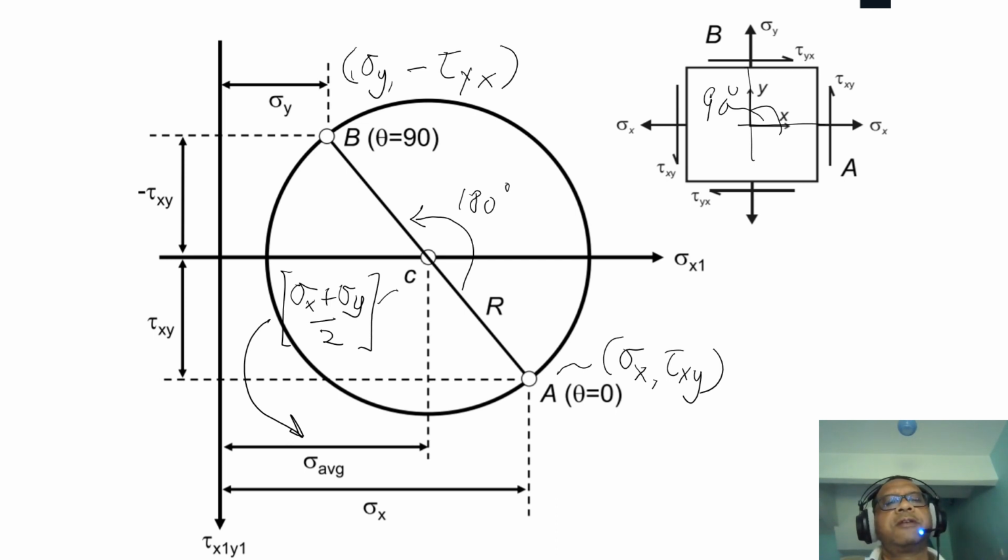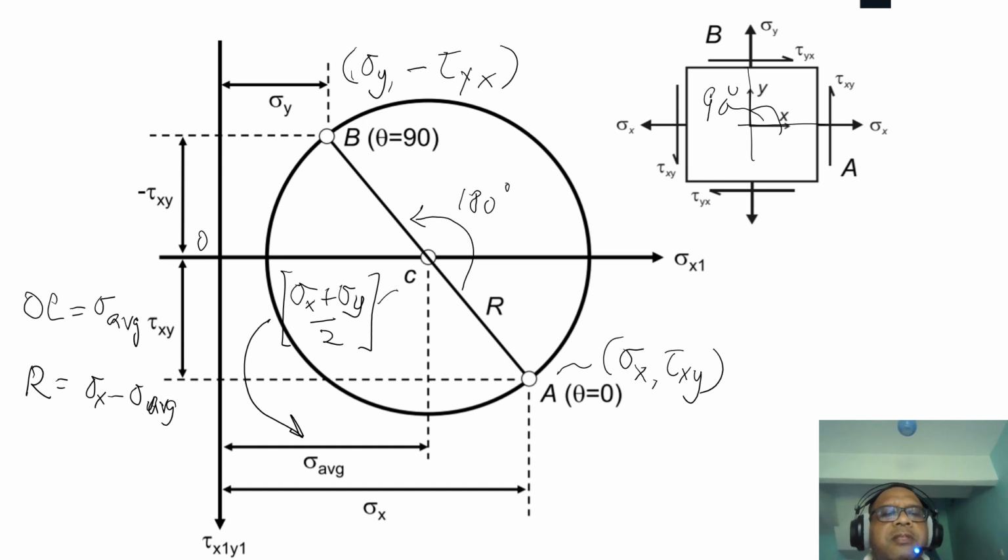So OC is the average sigma, and R is given by sigma x minus sigma average, this distance, squared, plus tau xy squared.